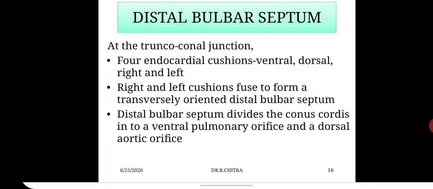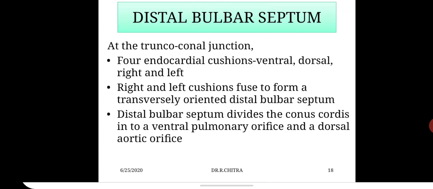So now all the chambers are almost divided: the primitive atrium, bulbus cordis, primitive ventricle, and the proximal part of the conus cordis also has been divided. What is now left over is the truncus arteriosus. So we have to see the truncus arteriosus.